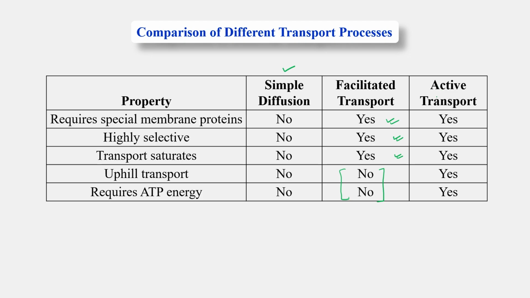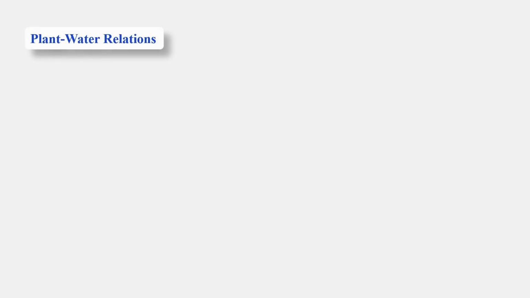While active transport requires a certain kind of protein, these are highly selective, transport saturates, and this one requires ATP or energy to push up that molecule from low concentration to high concentration. That's why we can use the term uphill transport for the same. So this is a simple chart through which you can compare all three processes: simple diffusion, facilitated, and active transport, which involve short distance transportation of molecules.